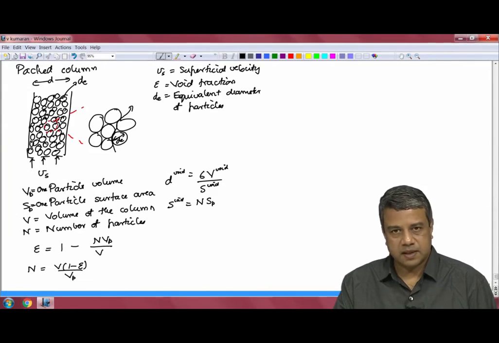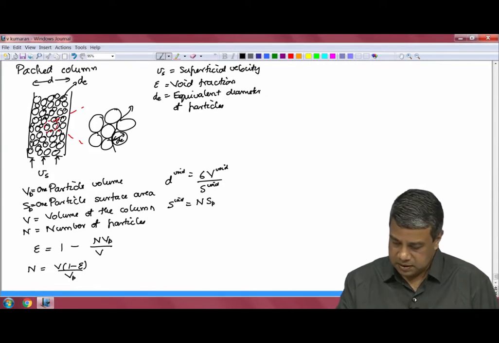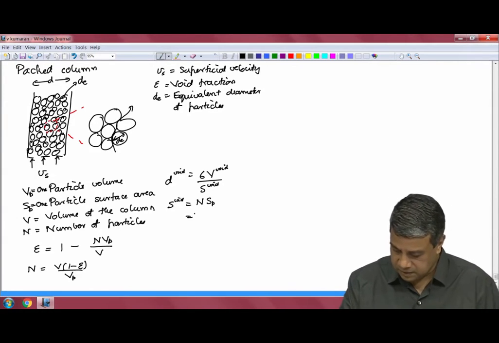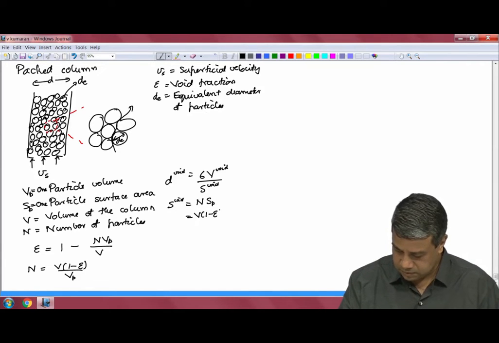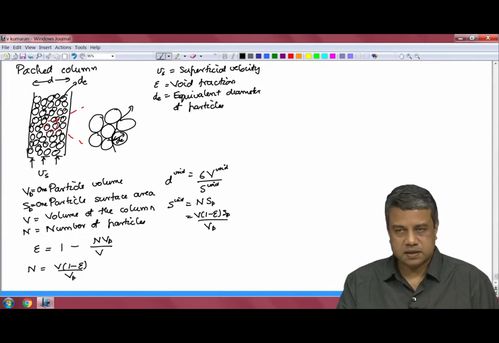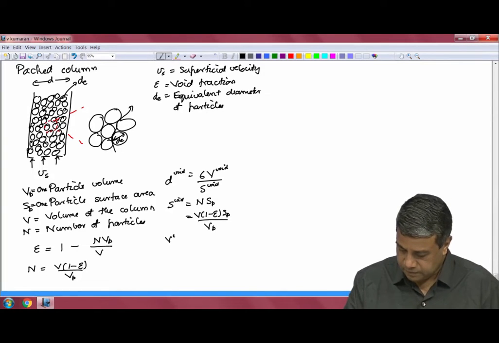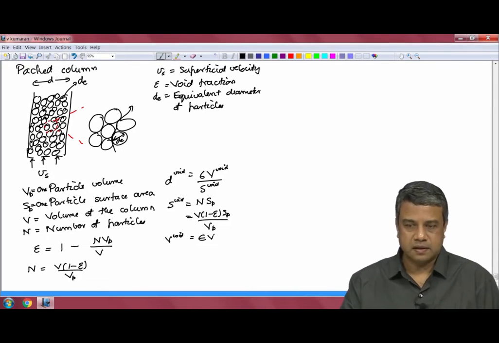So, S void is equal to n times Sp, and this I can write as V into 1 minus epsilon, substituting for n, Sp by Vp. That is the surface area of the voids, and the volume of the voids is just equal to epsilon times V. That is the void fraction.